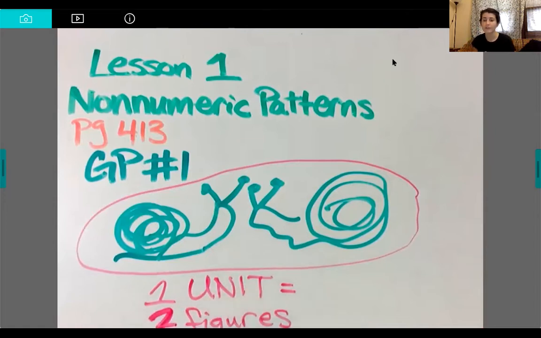Two figures. A right-facing snail and a left-facing snail. So when I extend my pattern, I'm going to draw, to the best of my ability, 1 snail that faces right and then 1 snail that faces left. So when you've drawn 1 more, you should have 6 snails in total there.